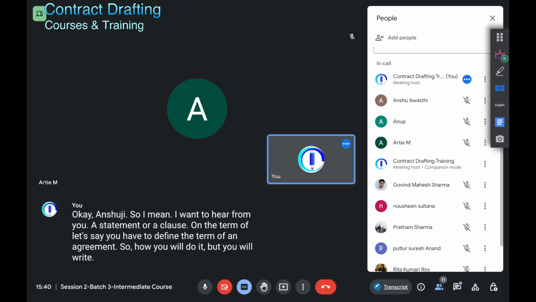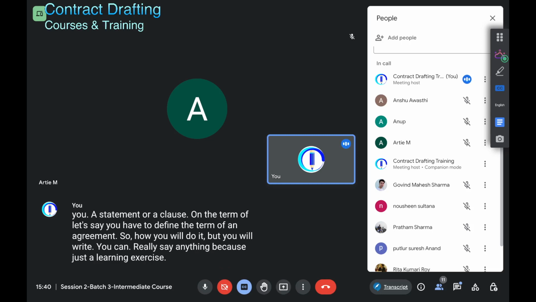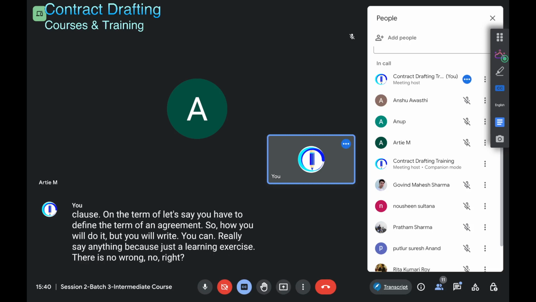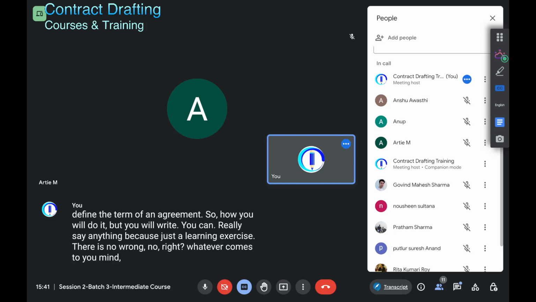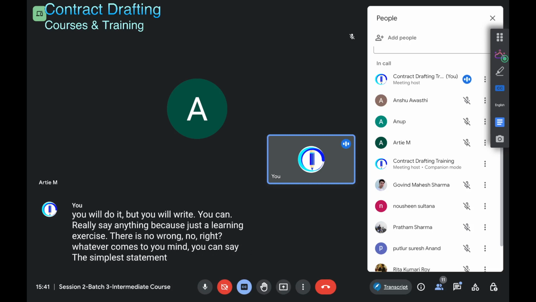You can freely say anything because it's just a learning exercise. There is no wrong, no right. Whatever comes to your mind, you can say. A simple statement saying what will be the term of the agreement or duration of the agreement.